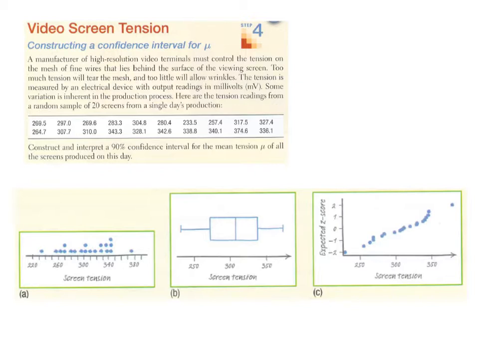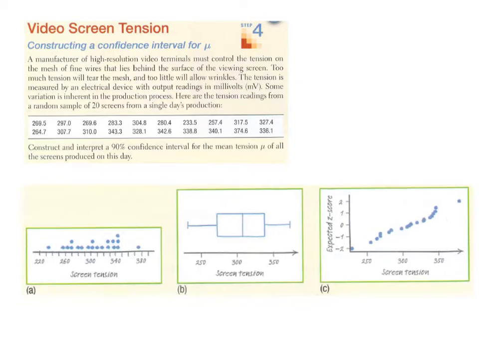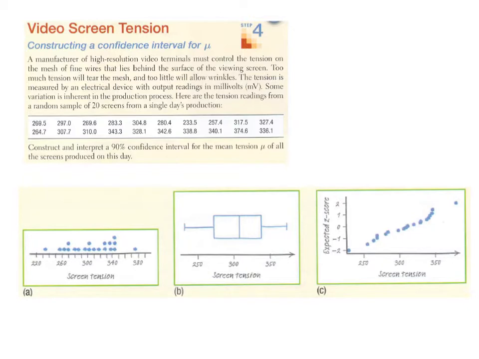You're going to need to sketch at least one of them. You don't need to sketch all three of them, but you will need to sketch at least one. As I look at all three of those, I don't see any kind of strong skew with any of them. I don't see any outliers with any of them, and my normal probability plot is roughly linear. So I can go ahead and assume that this is a normal population. My conditions have been met, and I can move on to step 3.